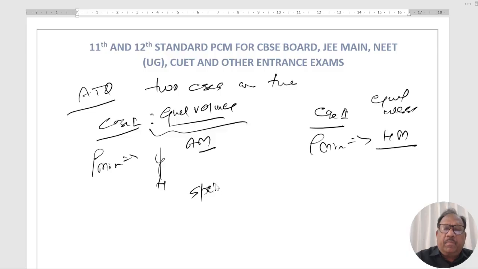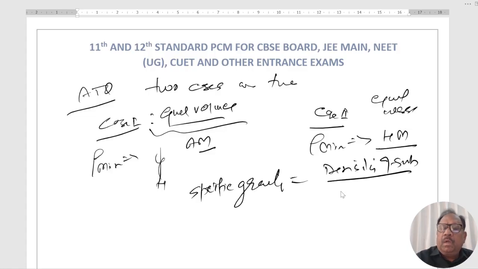And also specific gravity. Density of substance divided by the density of water at 4 degrees centigrade.